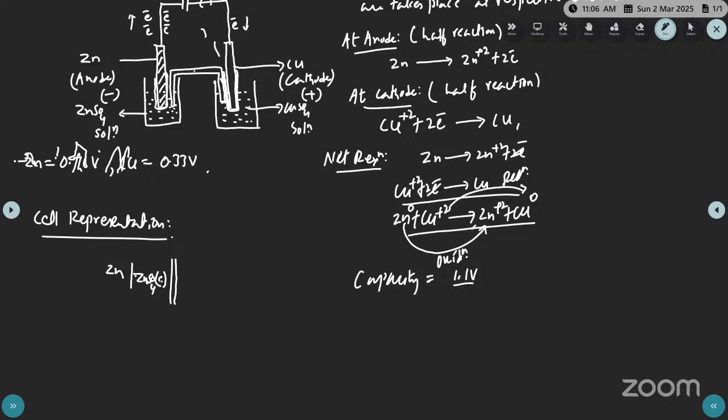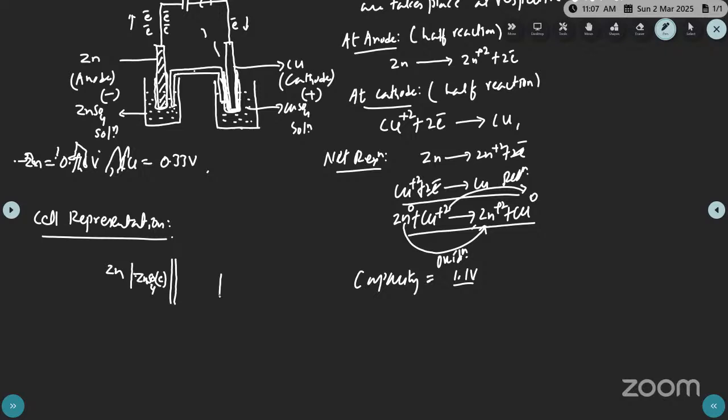And similarly, what is the cathode? The copper electrode is the cathode. Here also it has a boundary. By the boundary, that copper is distinguished in the copper sulfate solution. So here also use a single vertical line.